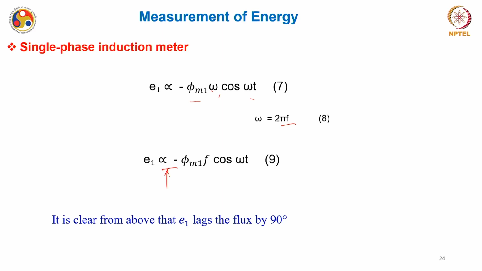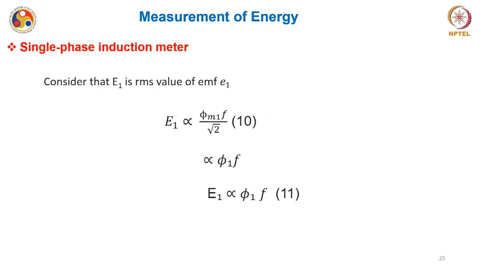So I am ignoring the absolute values, and E1 is directly proportional to minus phi m1 into f into cos omega t. I am calling this proportionality equation number 9. It is clear from this that E1 lags the flux phi 1 by an angle of 90 degrees. This is exactly what we see in the transformer action.